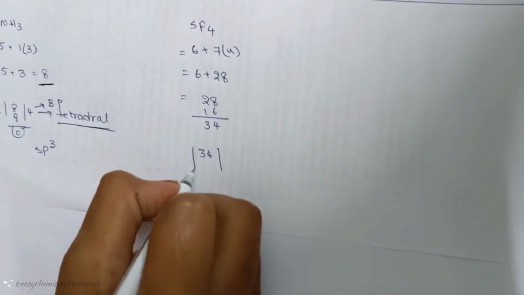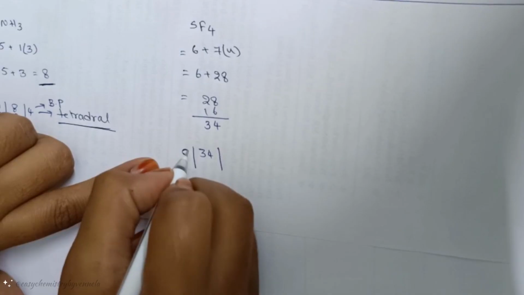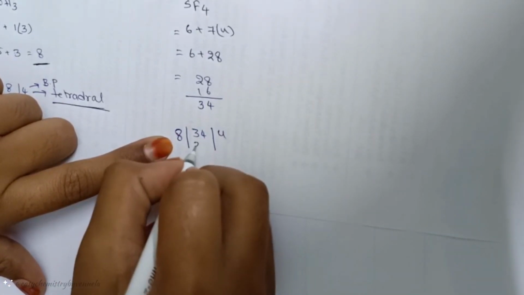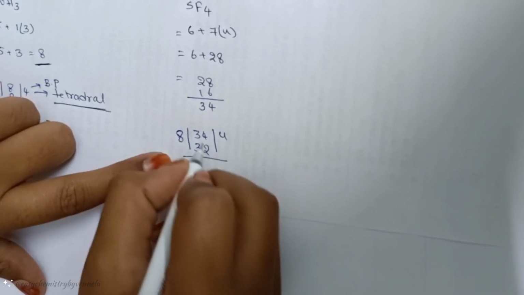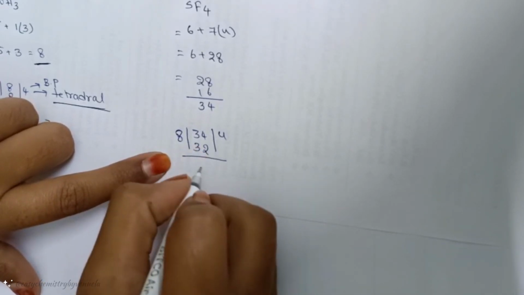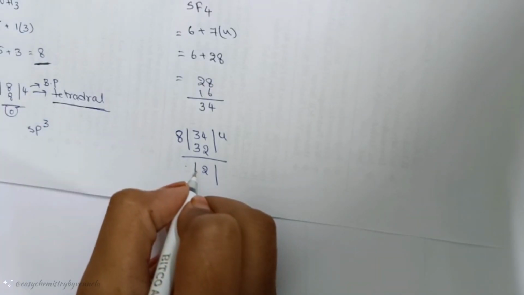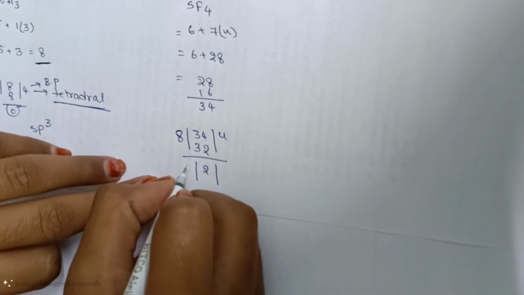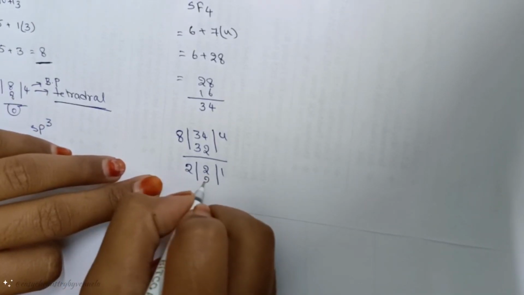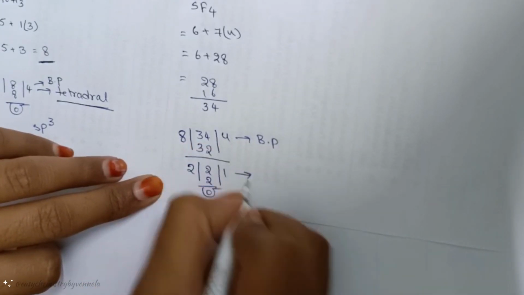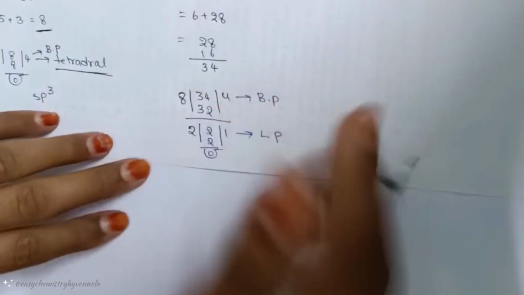Then 34 is greater than 8, so it can be divisible by 8. 8 4s are 32. 34 minus 32, how much? 2. So it is less than 8, so it can be divisible by 2. 2 ones are 2, remainder 0. These are bond pairs. These are lone pairs.